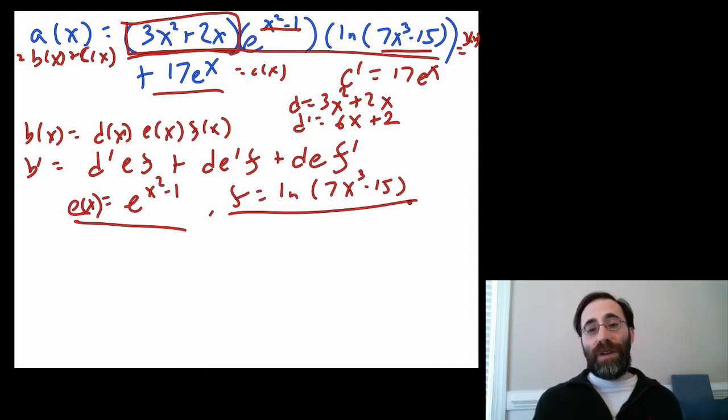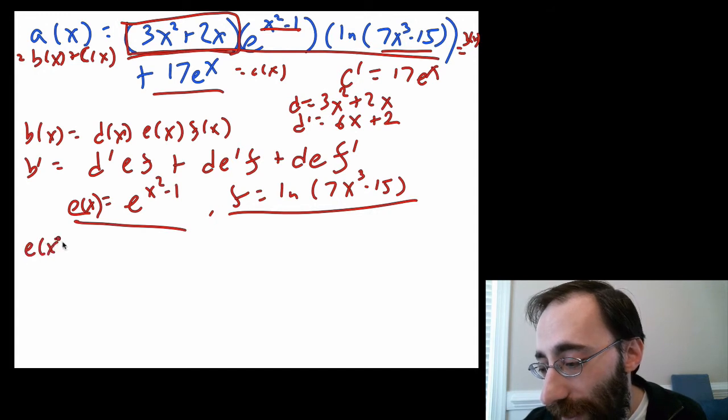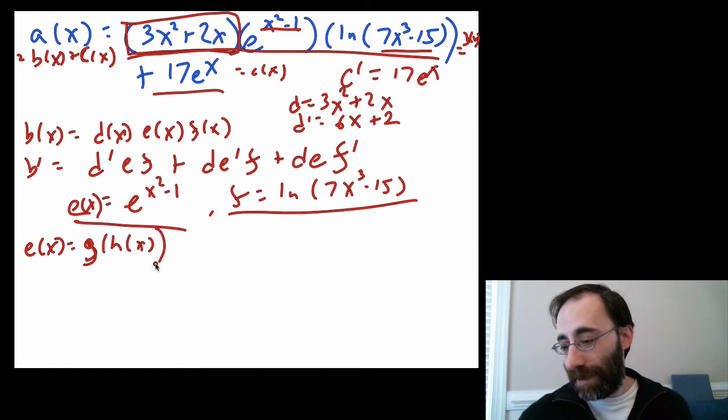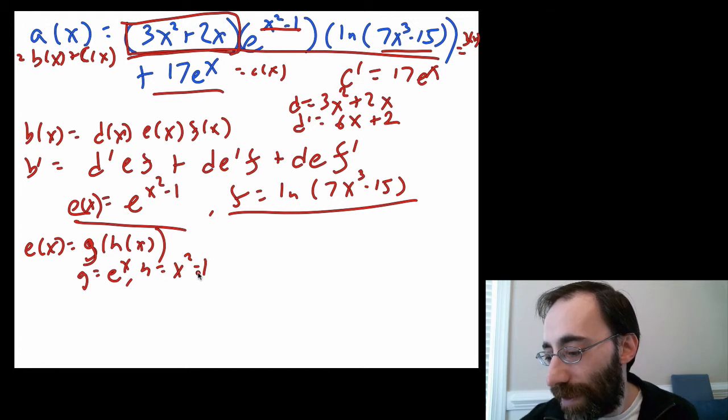So in each case, we can use the chain rule. In the case of e, we can write e as equal to g of h of x, where g equals e to the x and h equals x squared minus 1.